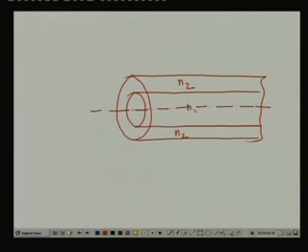The refractive index will slowly decrease to the N2 value as I go from the center to the cladding, because this is the cladding and this is the core.